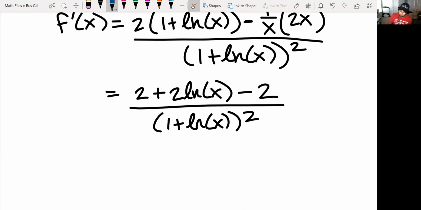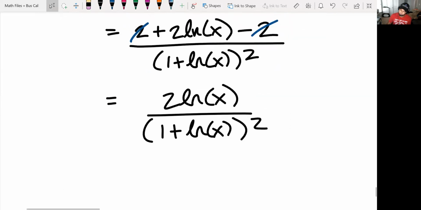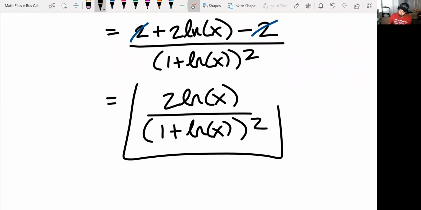Your 2's will cancel. And we get left with 2 natural log x over 1 plus natural log x squared. Nothing else we can do there.